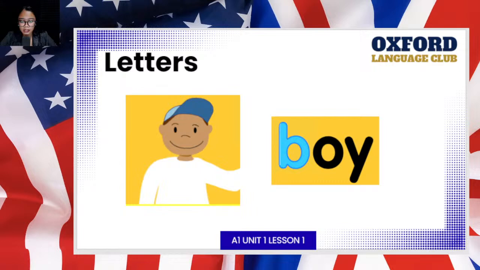What's the sound that the letter B makes? B, b, b. What's the word? Boy, boy. Now, can you think of other words with letter B? Maybe, let's say book, banana, or baby. So there are many. There are many words that start with letter B.